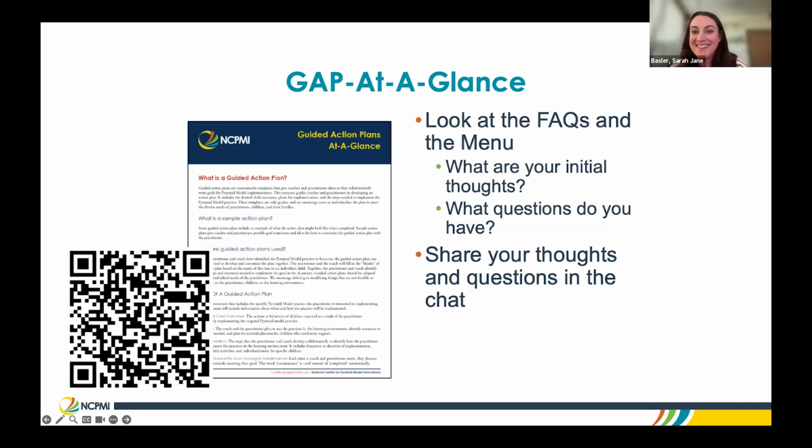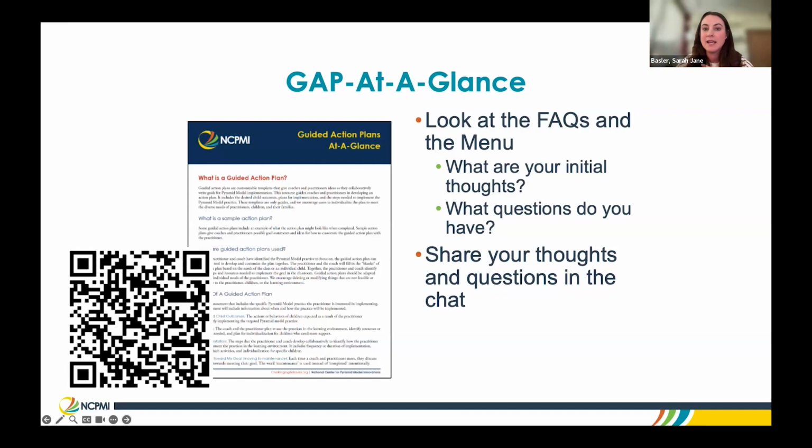See lots of comments coming in. If my school does not use Pyramid Model, but we do use PBC, will these forms and resources work? So that's, it depends, right? If your focus of coaching is on things related to high quality, supportive environments, things related to relationship building, a lot of other tools.